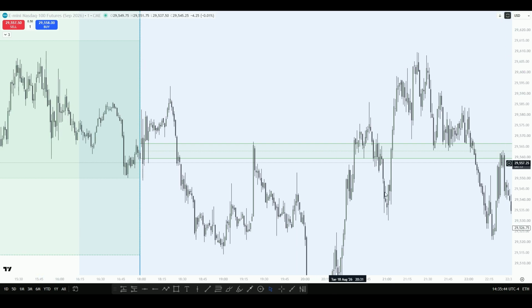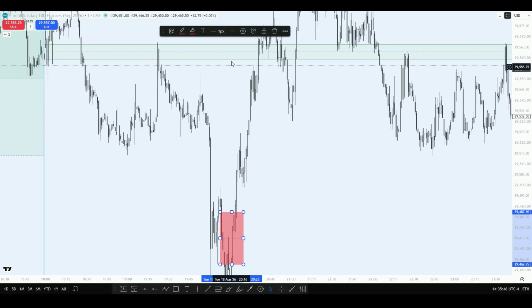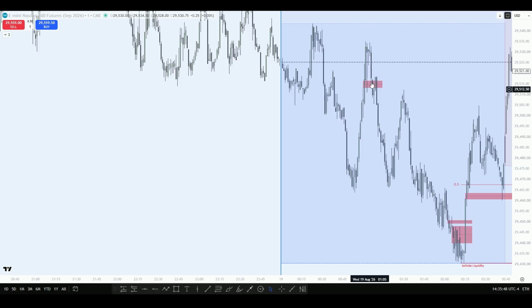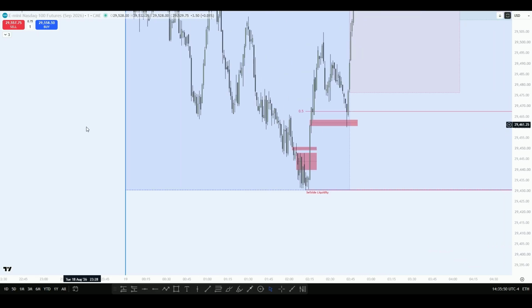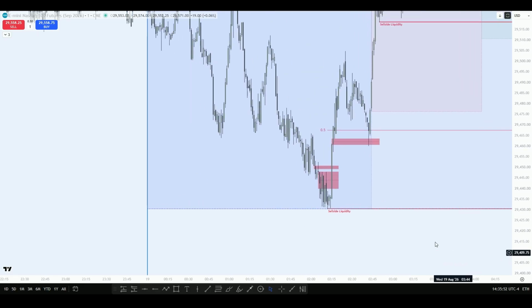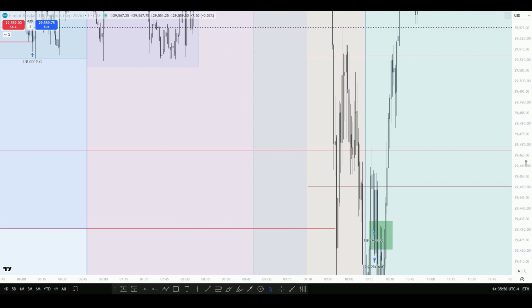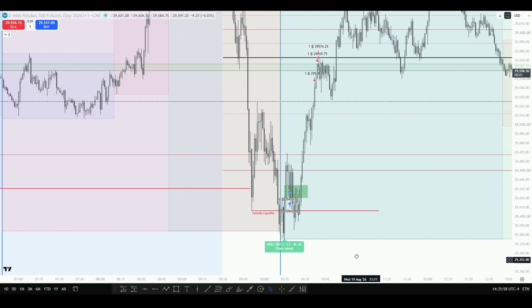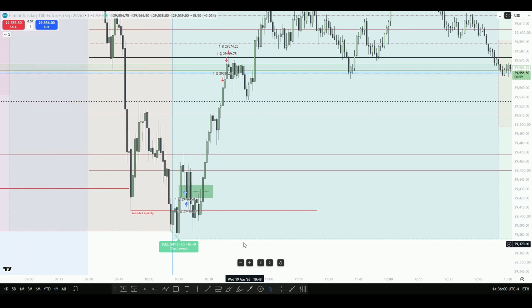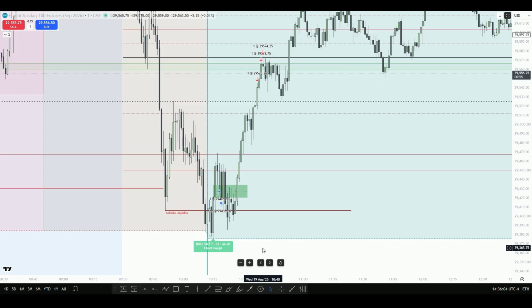So I want you to remember this specific way in which price tends to reverse. And I want you to go on your chart and study and explore for yourself how you can find setups using the time cycles in combination with this specific reversal pattern.